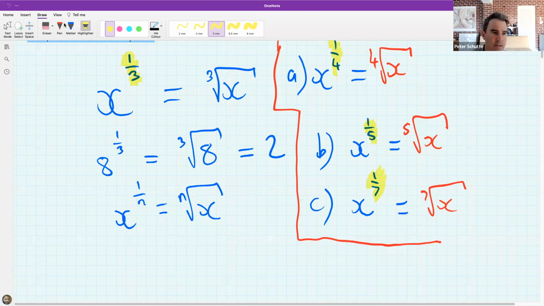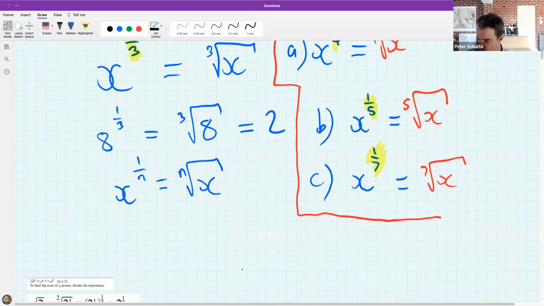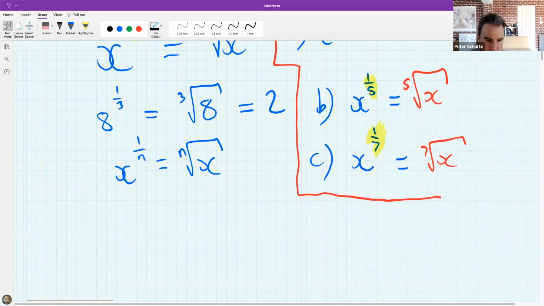Now, what happens if I give you something like this? Let me move this down. If I say I've got x to the power of 2/3, and I want you to write that in root form, this is a little bit different. Notice how it's no longer 1/3, it's 2/3. So how do we write this in root form?